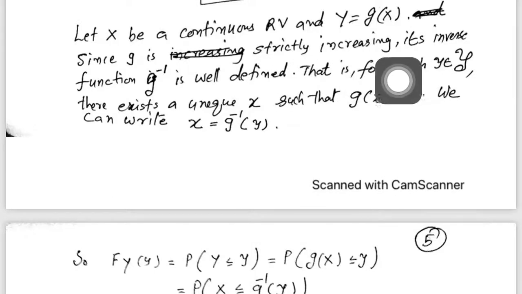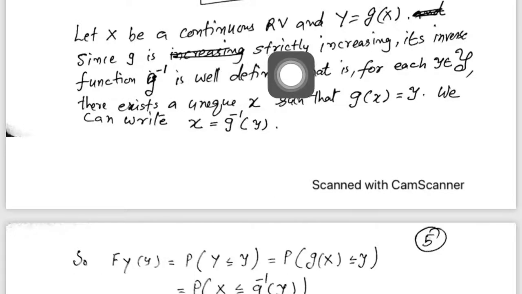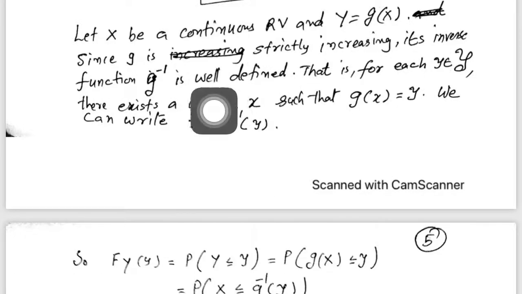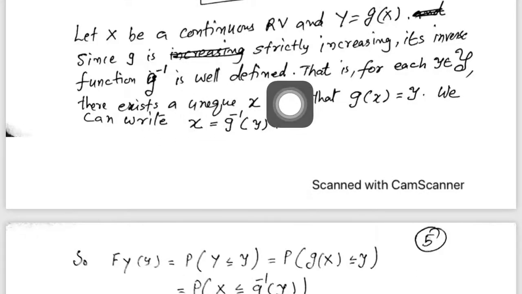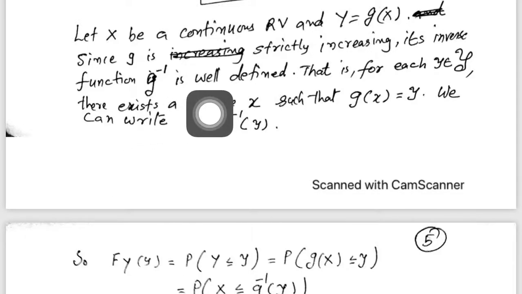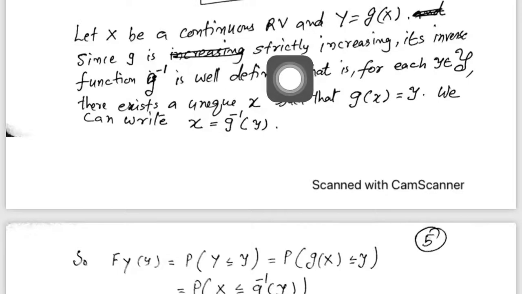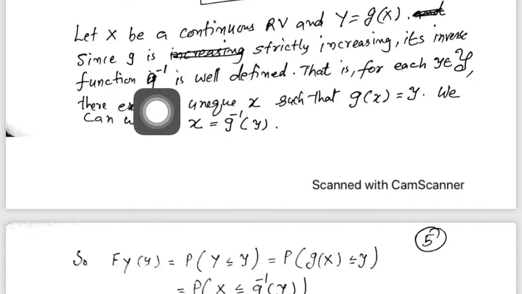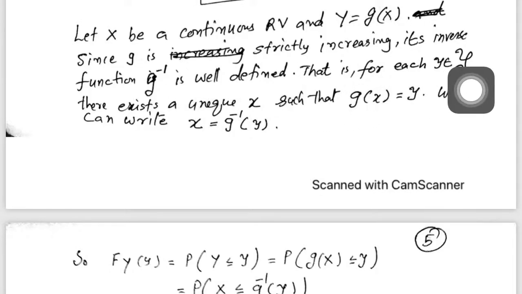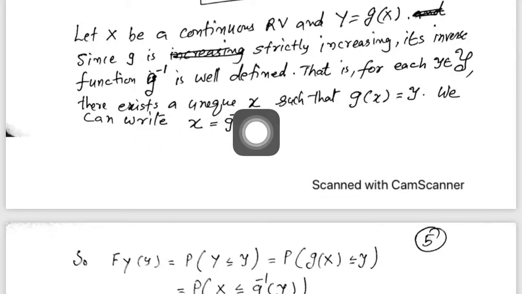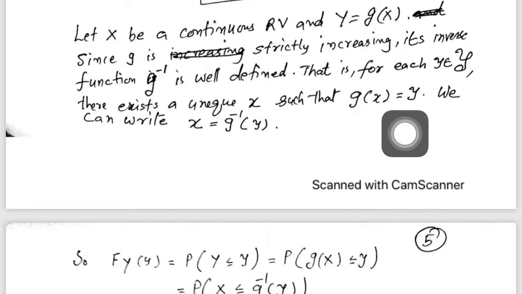If g of x is a strictly increasing function, its inverse function, which can be represented by g inverse, is well defined. That is the key point in this method. For a strictly increasing function, the inverse function is well defined, and that is for each y belonging to the range script y, there exists a unique x such that g of x is equal to y.